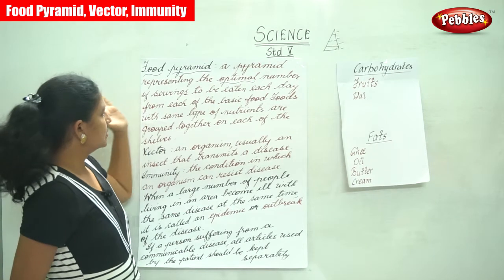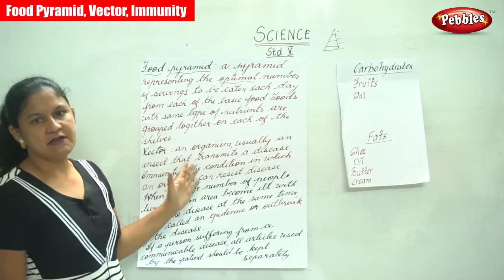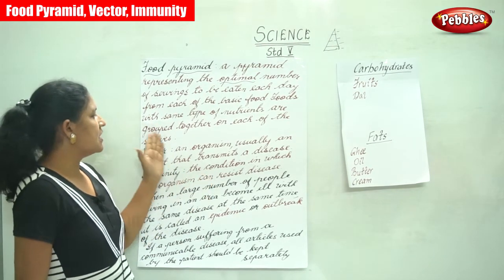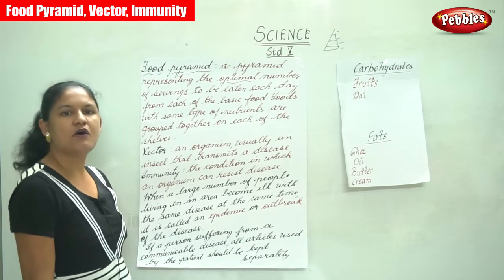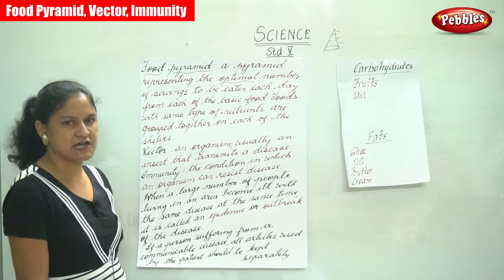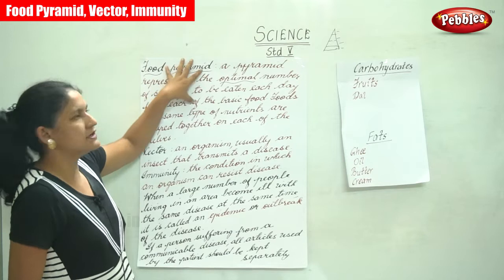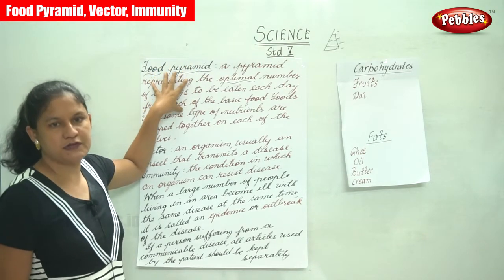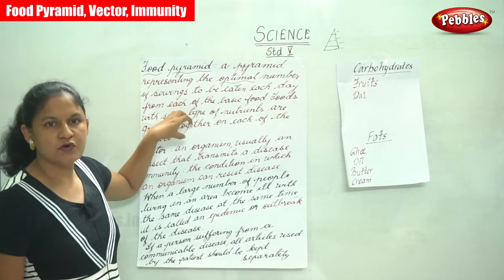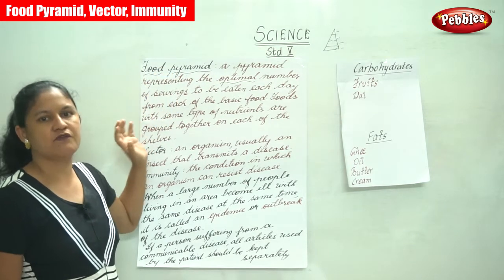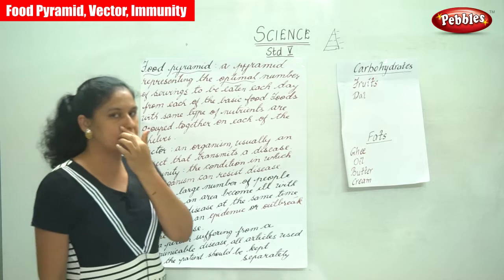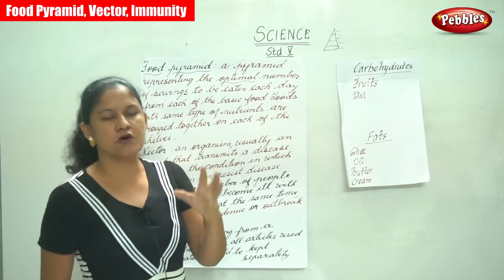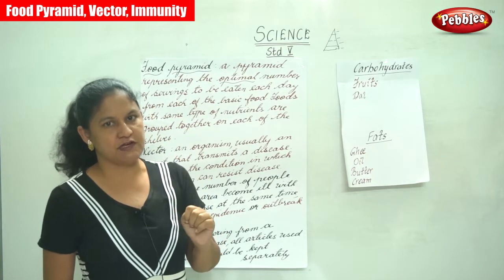Foods with the same type of nutrients are grouped together on each of the shelves. So what is a food pyramid? We have heard about the food pyramid, but we don't know its exact meaning. So today we are going to learn what a food pyramid is.